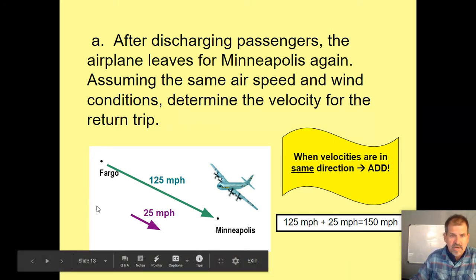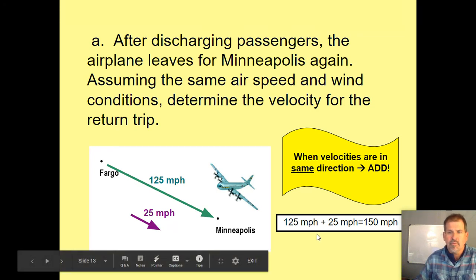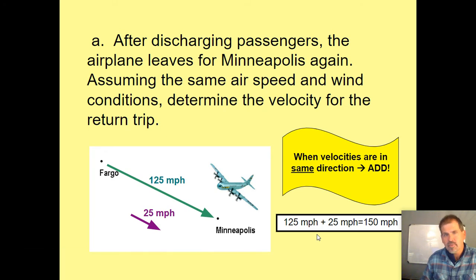So again, write down this simple graphic. You don't need to write down this whole equation, but do write down this simple graphic. And write what's down in here, right? When velocities are in the same direction, we add them, and then put that down there. And again, we should probably add that we're traveling in a southeast direction.